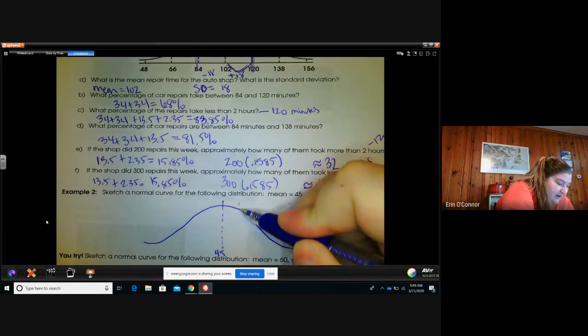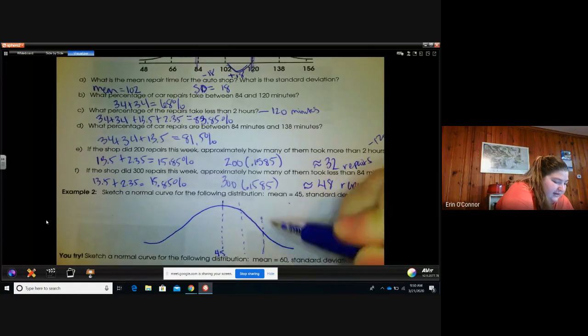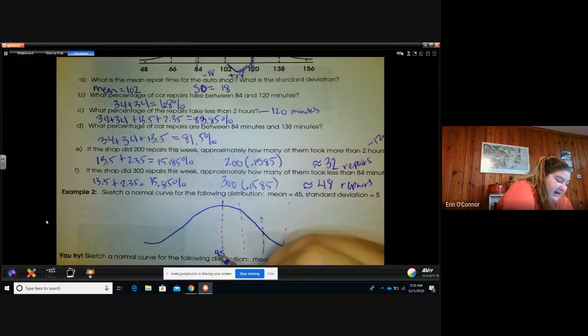So we need to go 1 standard deviation away, 2 standard deviations away, and 3 standard deviations away. So we're going to add 5 to 45 to go up, which means this is 50, this is 55, this is 60.